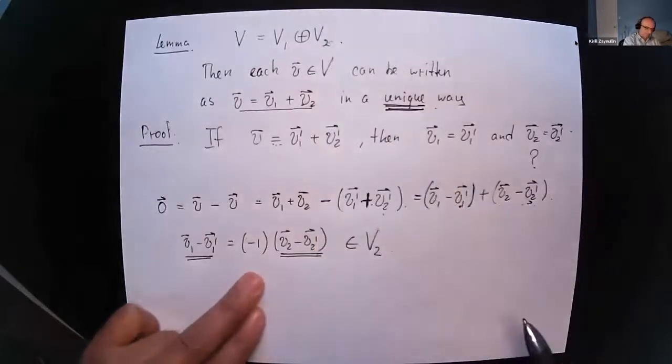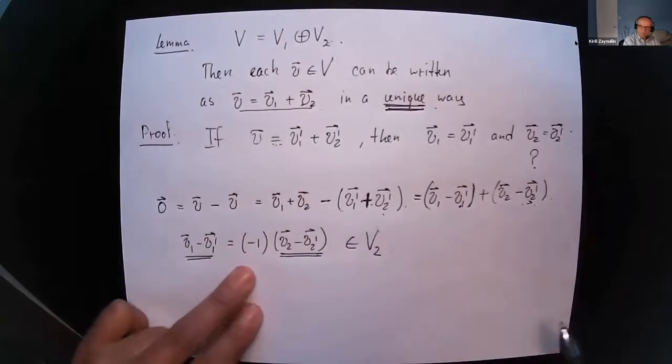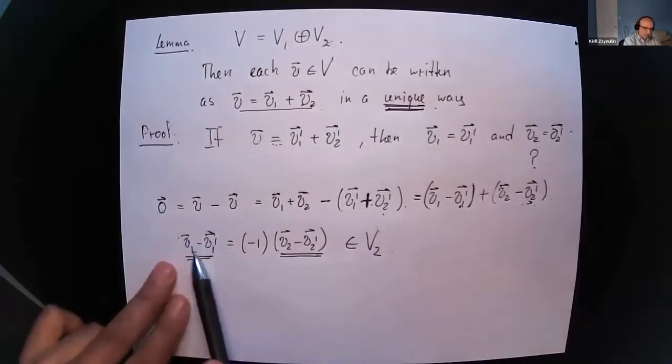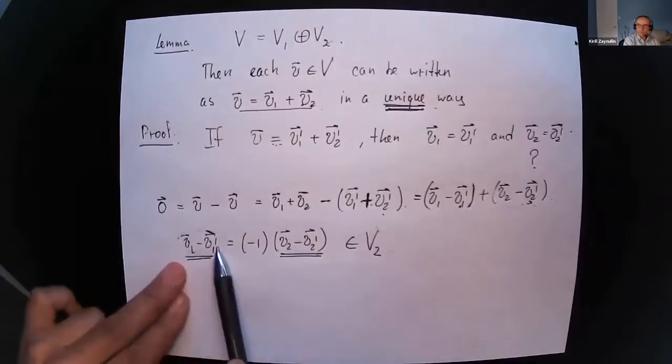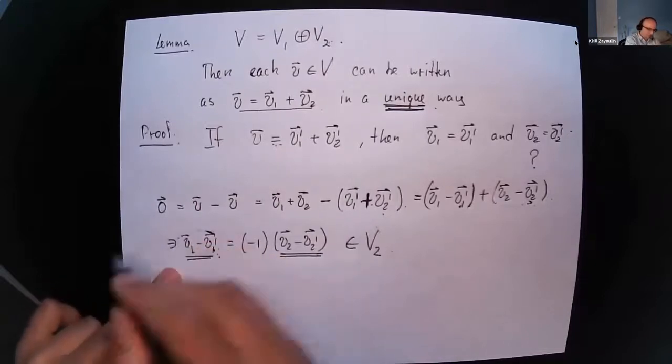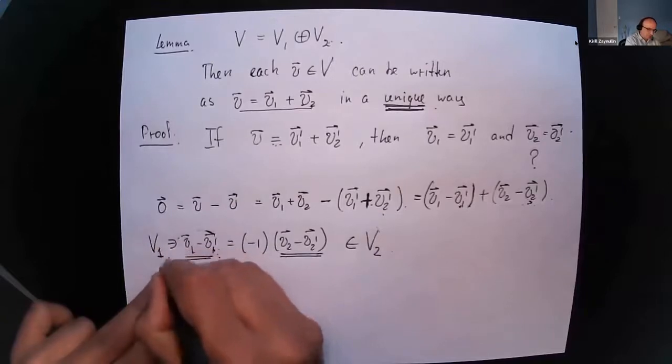But at the same time, if you look here, it's just a difference of vectors from V1, and it must again be in V1, because V1 is a vector space. So V1.